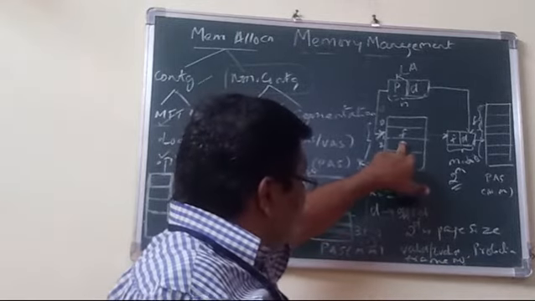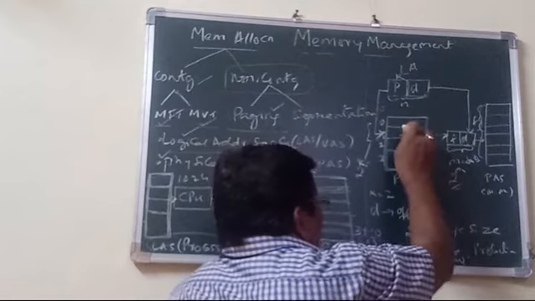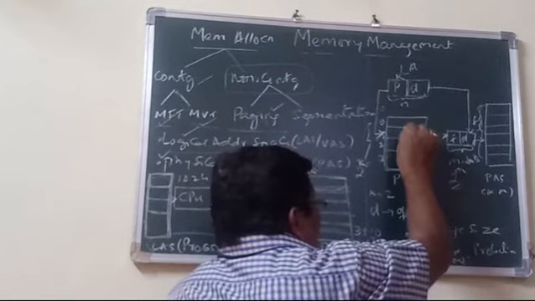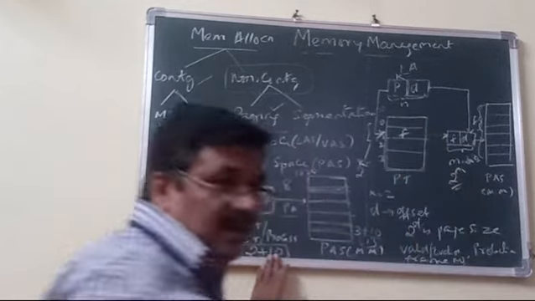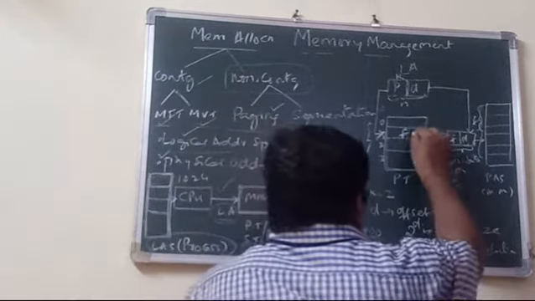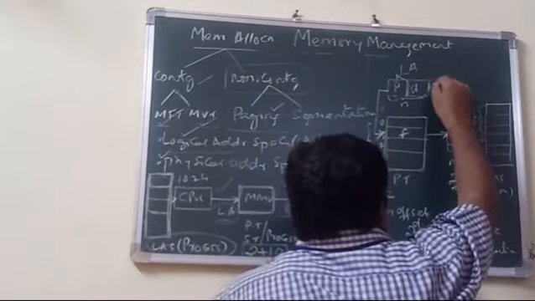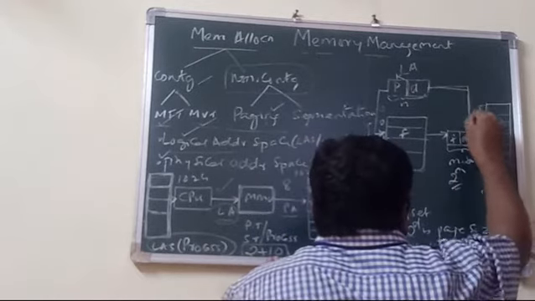Here we have stored the corresponding frame number, let us say it is F. And D is nothing but the offset.